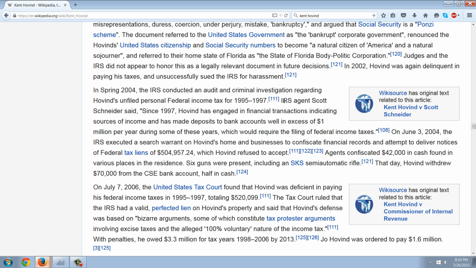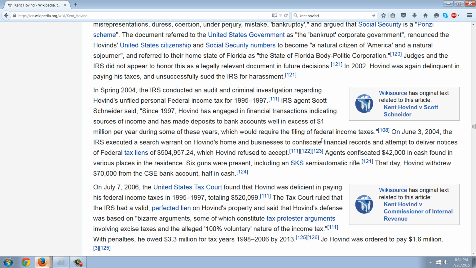In the spring of 2004, the IRS conducted an audit and criminal investigation regarding Hovind's unfiled personal federal income tax from 1995 through 1997. IRS agent Scott Schneider said since 1997, Hovind is engaged in financial transactions indicating sources of income and has made deposits to bank accounts well in excess of $1 million per year during some of these years, which would require the filing of federal income taxes.